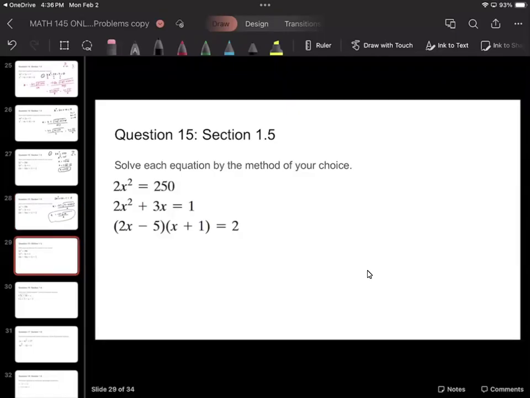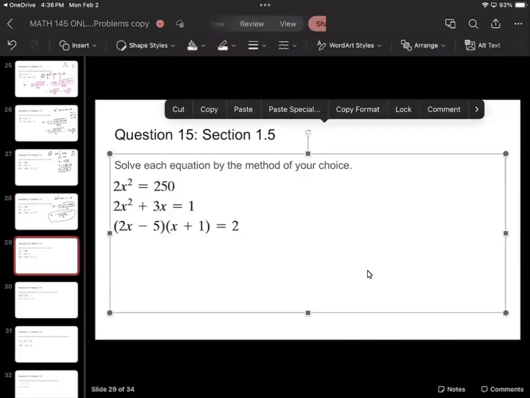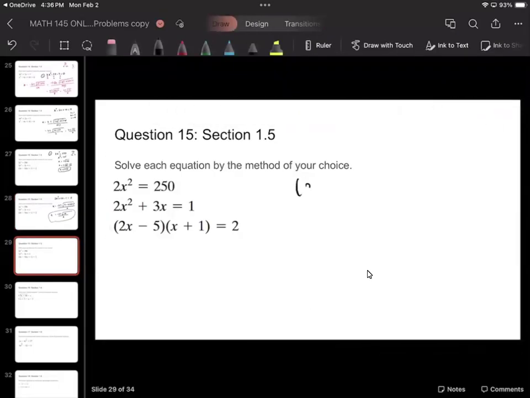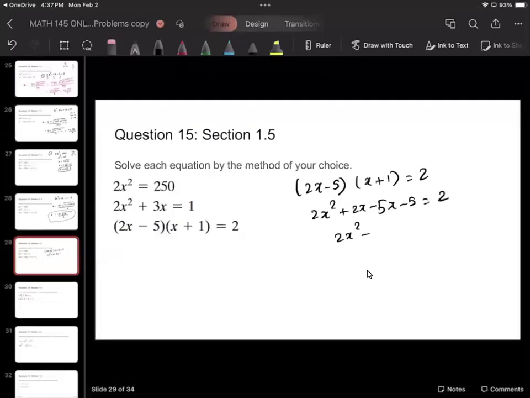So the next one, of course, I have to FOIL first, right? So you have to start with that first. So I have 2x squared plus 2x minus 5x minus 5 is 2. Combine the like terms. Bring the 2 over and use the quadratic formula.